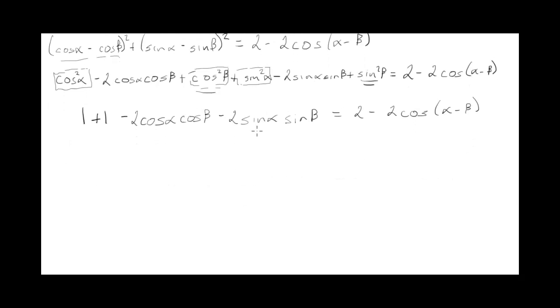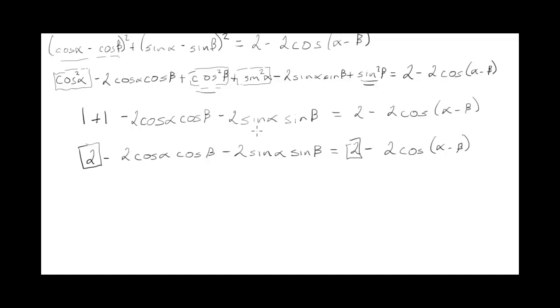Here I can add these 2's. So 2 plus 2, minus 2 cos alpha cos beta, minus 2 sine alpha sine beta, equals 2 minus 2 cos alpha minus beta. I have a positive 2 here and a positive 2 here, so I can subtract 2 from both sides.